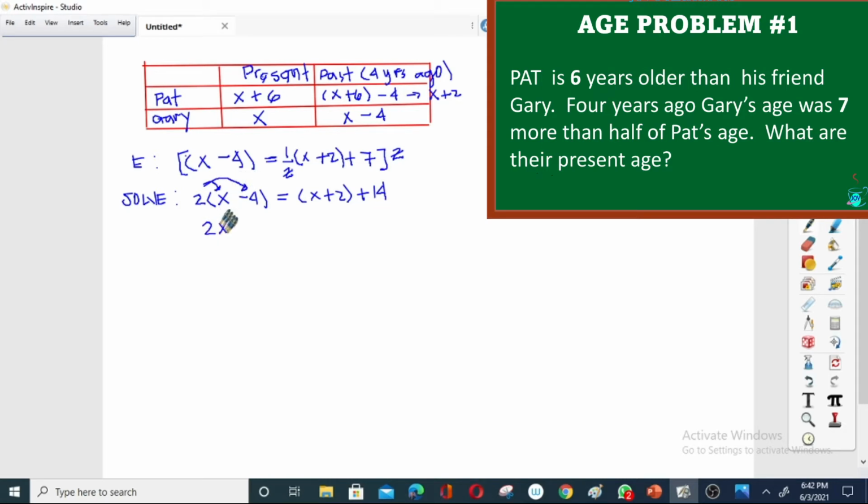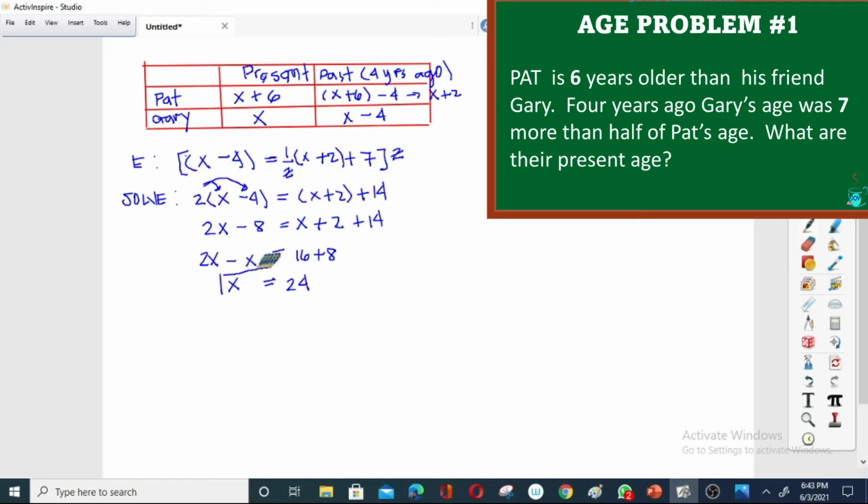This is 2x minus 8 is equal to x plus 2 plus 14. Combine similar terms, or transpose x to the left: 2x minus x. Transposed, it becomes negative. So it equals 2 plus 14 is 16, and then transpose the 8, plus 8. This is 2x minus x equals x, which is equal to 24.